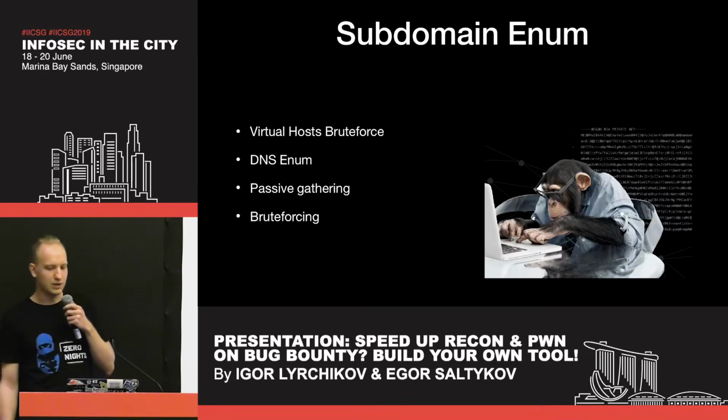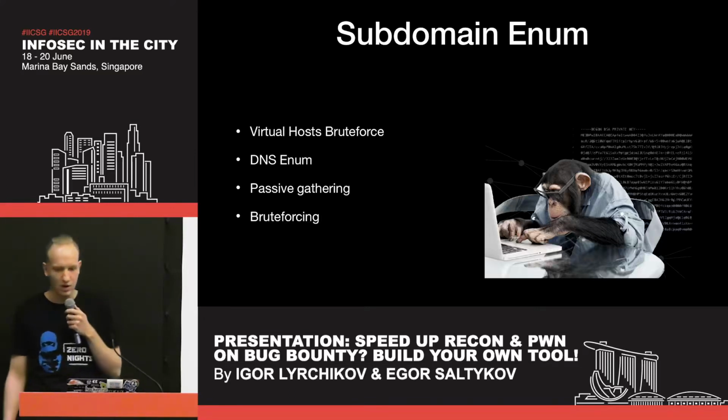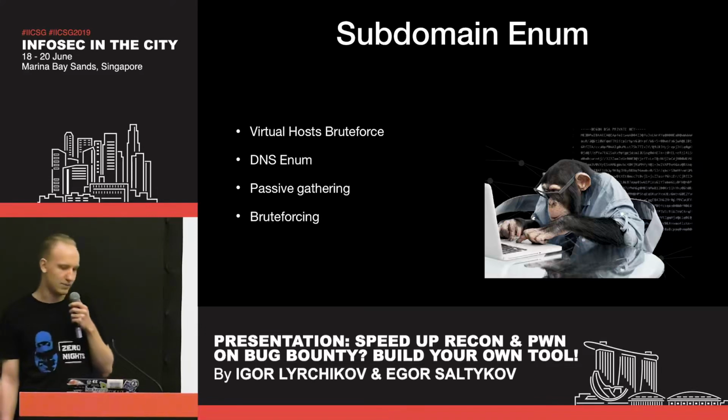You can do this with scripts like, I don't know, maybe the old one, Sublist3r, which was really popular a few years ago, or more fresh solutions such as Amass or Subfinder, which is written in Go and works like a charm.